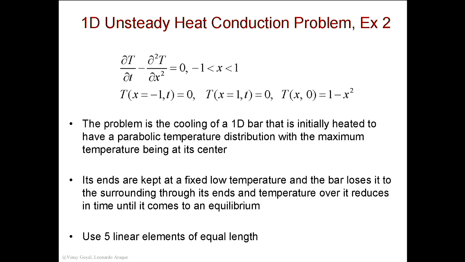Number 2, at these two ends the temperature is fixed at a value of 0 over time. So what do you think is going to happen to this temperature distribution in the middle, which is basically warmer? At t equals 0 it's clearly warmer in the middle with a parabolic distribution.